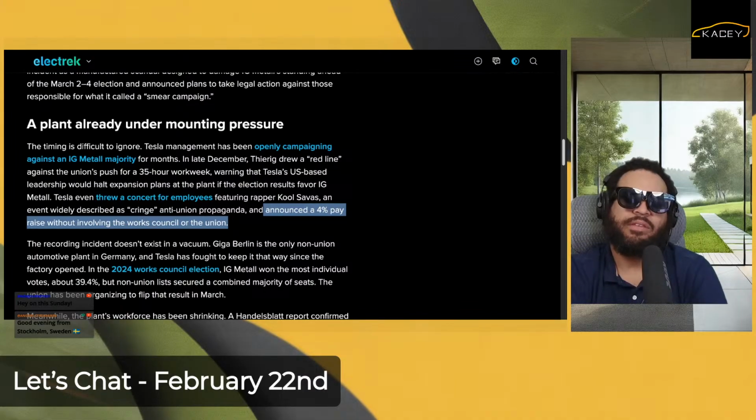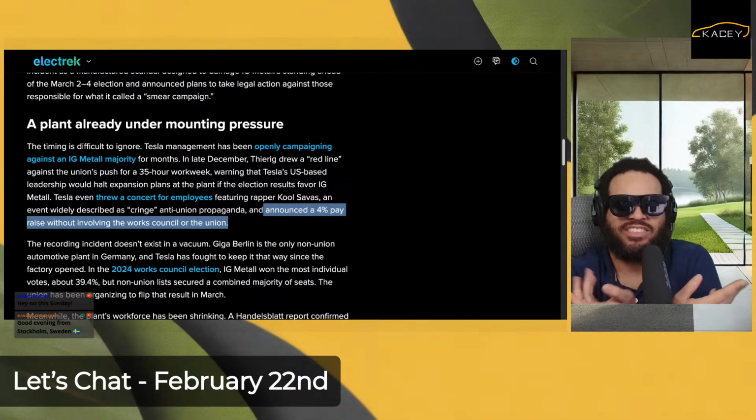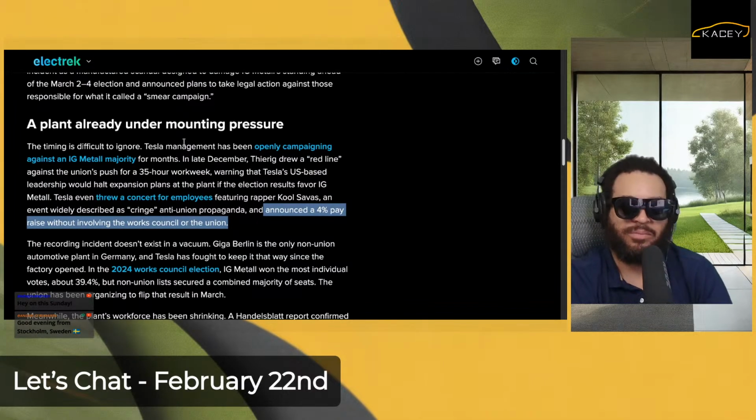This is part of why IG Metal isn't getting any traction. The compensation plan at Tesla Sweden is better than the union contract. So it seems to be working. They want to discourage you from signing up for the union to get a pay cut.